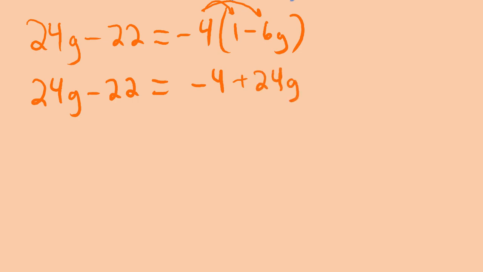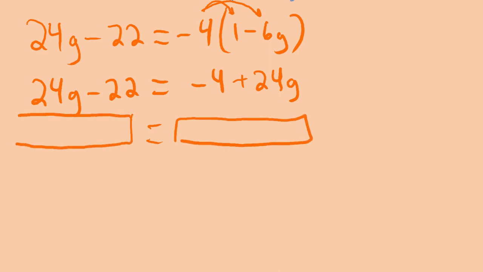So I'm looking at that sentence right now: 24G minus 22 equals negative 4 plus 24G. I kind of have an idea of what I'm going to get, but let's see for sure. Let's put the variables on the right this time. 24G goes right down here in this box. 24G that's on the other side, change the sign, you get minus 24G, right?